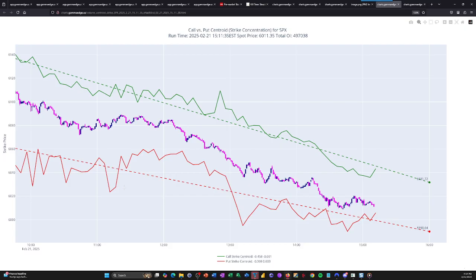Now, they may be transacting and closing, but it wouldn't be sustained over time. So what this is telling you is that most likely, especially with price coming down, we had closing calls and we had opening puts, right? And the reason we can infer that, and it is just an inference, is because price is coming down, right? There's a lot of pressure that's going on in the markets.